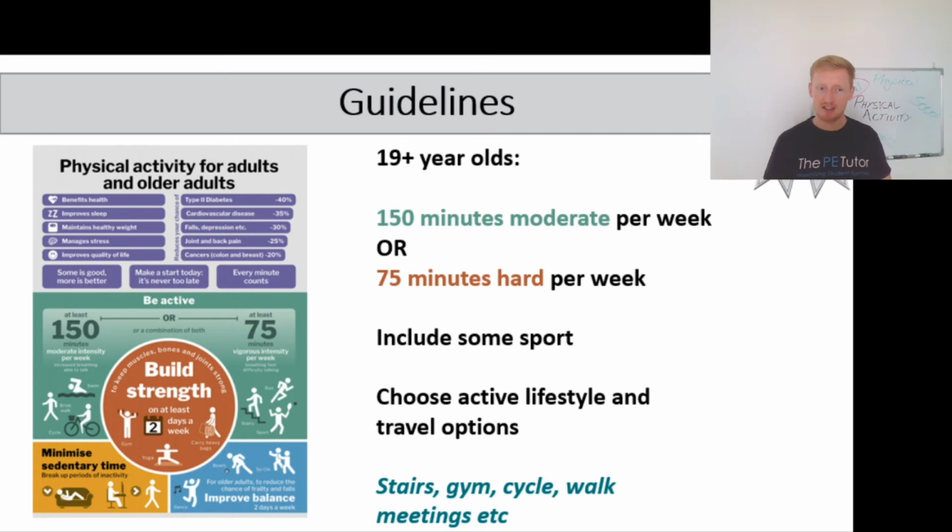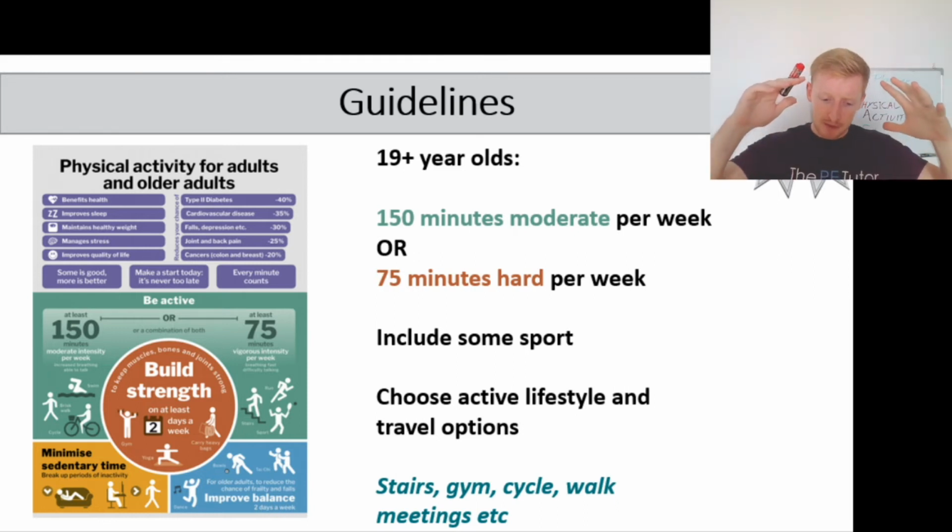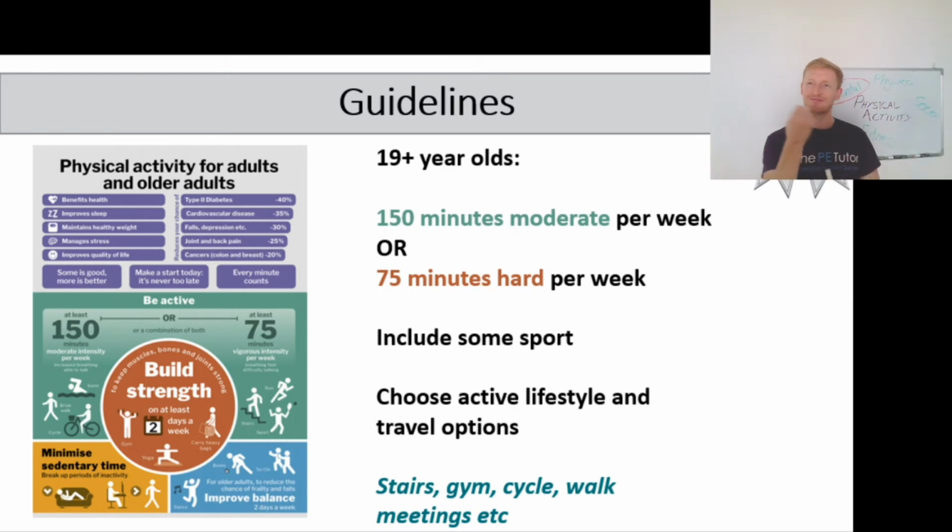So planned activities. It could be to choose activities that suit your preferences. It might be that you like playing racket sports. It might be that you like going to the gym, lifting weights, using the treadmills, CrossFit, trampolining. Those slightly more defined or organised events, but by doing that you will achieve that harder or higher intensity.